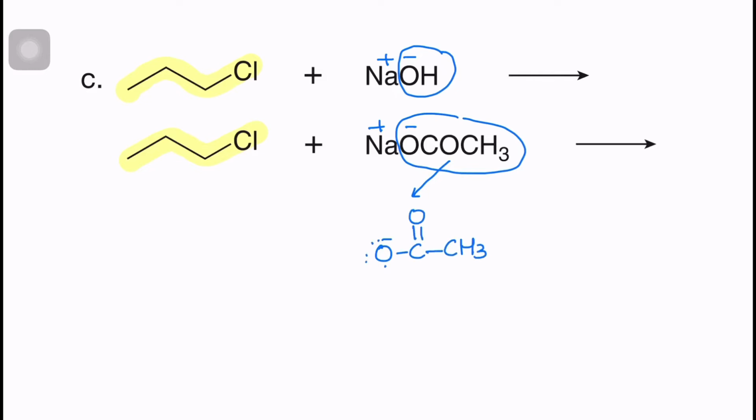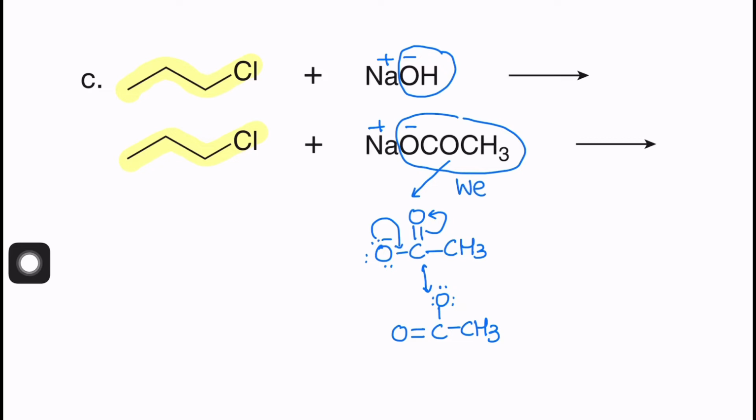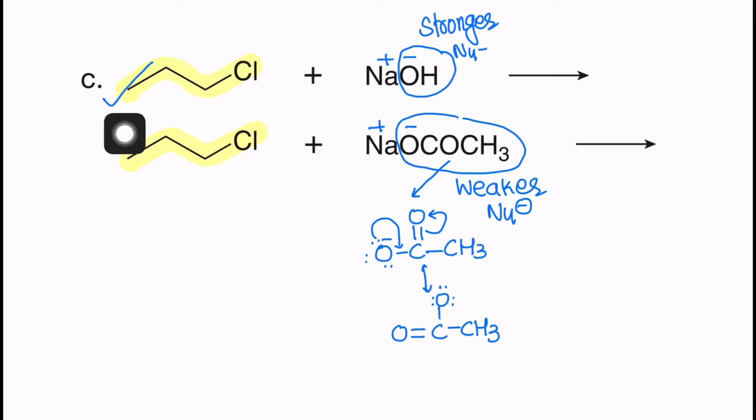In acetate ion, this lone pair on oxygen is resonance stabilized, and due to this delocalization of the lone pair and forming this resonating structure, the nucleophilicity of this acetate ion is less. So it is a weaker nucleophile, and the first one is a stronger nucleophile. So in this case again, the first one will be the winner. In this case, you will be getting the faster reaction.